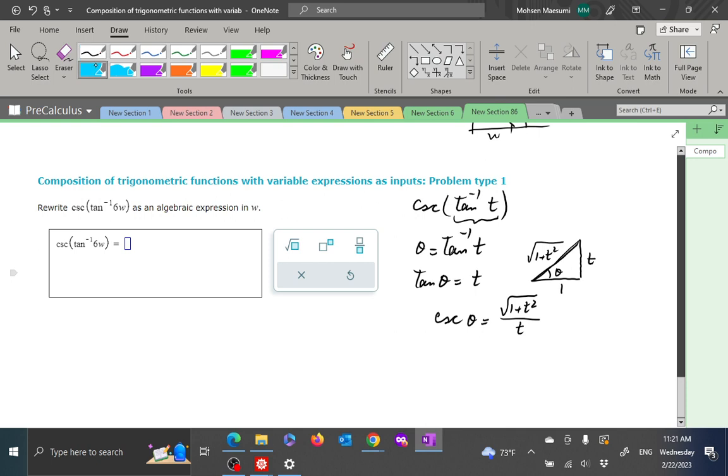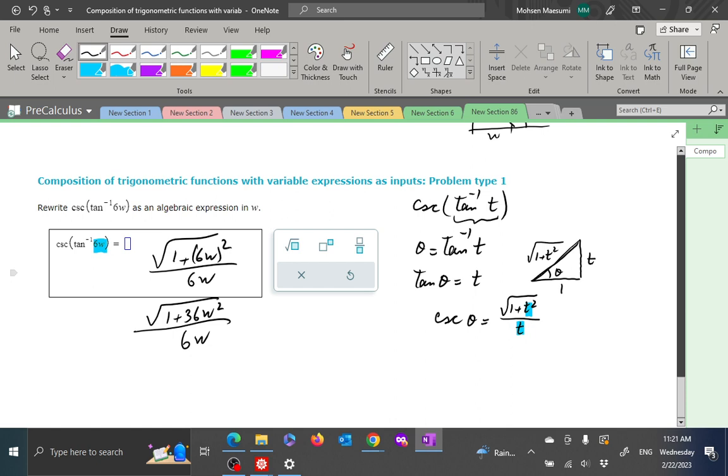Now all we are going to do is that instead of this t, we use whatever variable I have here, which is 6w. So I just write radical 1 plus (6w) squared over 6w, and if you want to simplify, that would be our final answer.